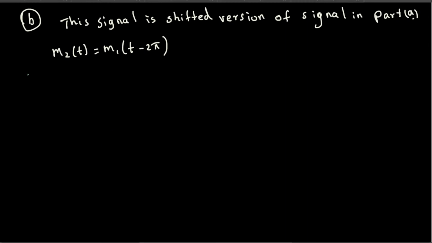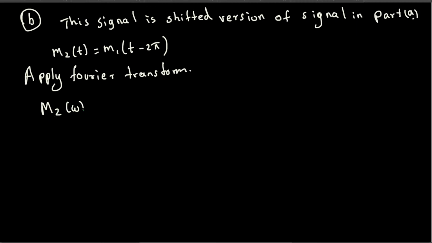So if we apply the Fourier transform, then M2 of omega is basically, if it's shifted 2 units to the right, that is equivalent in the Fourier transform to multiplying by e power minus j2 omega.